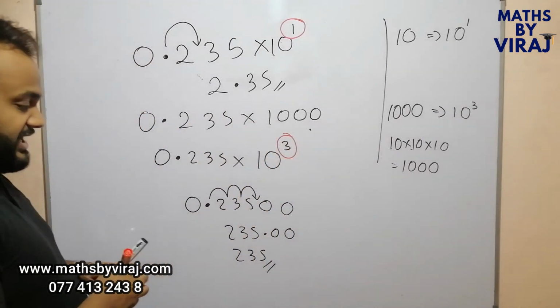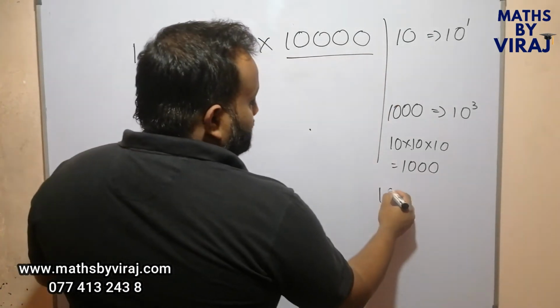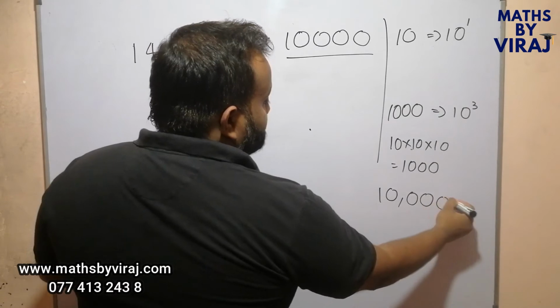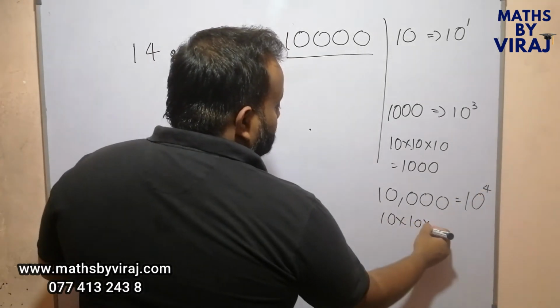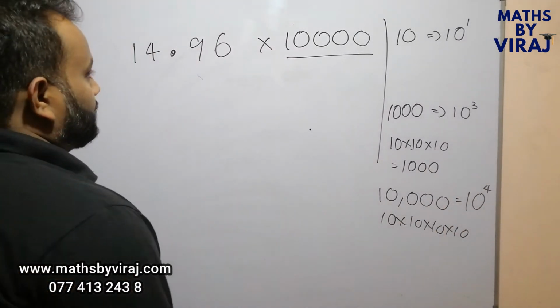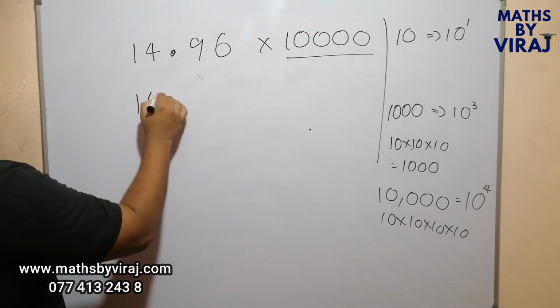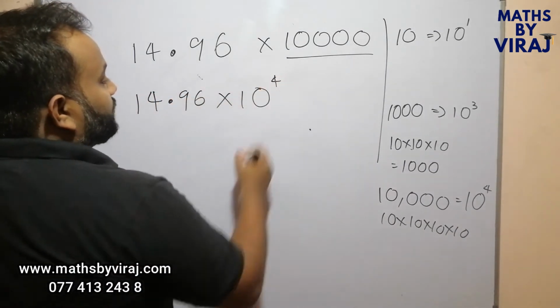Now for instance, here we have 10,000. So 10,000 can be written as 10 to the power 4, because 10 is multiplied by itself 4 times. Therefore, 14.96 multiplied by 10 to the power 4.